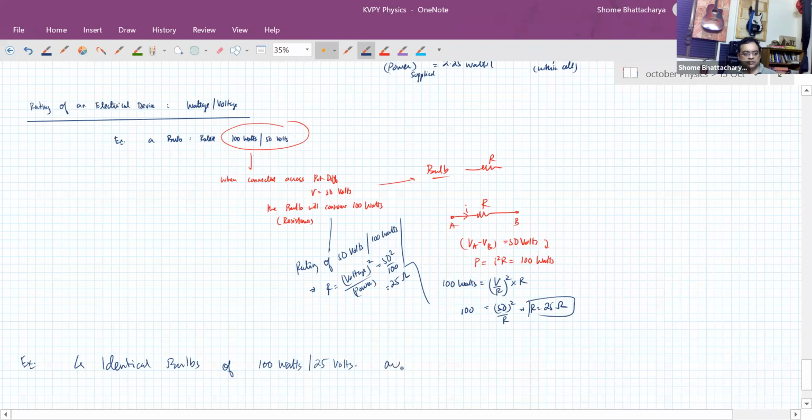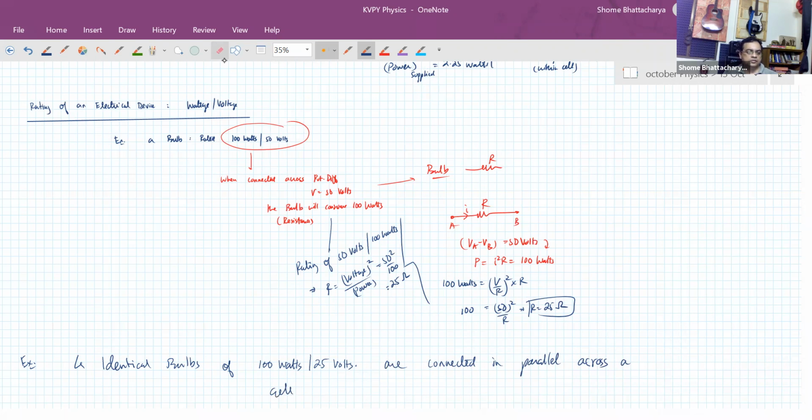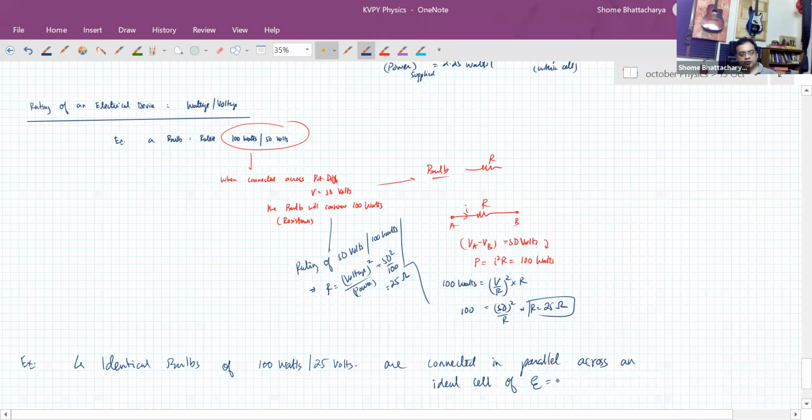Now they are connected in parallel across a cell, or let's say across an ideal cell of EMF equal to 12.5 volts.